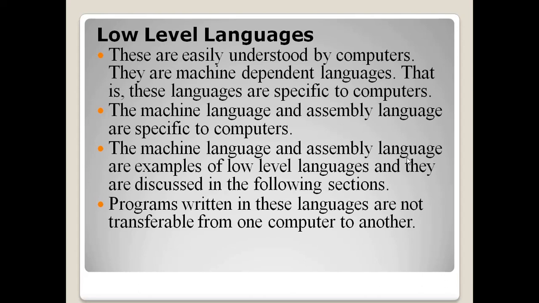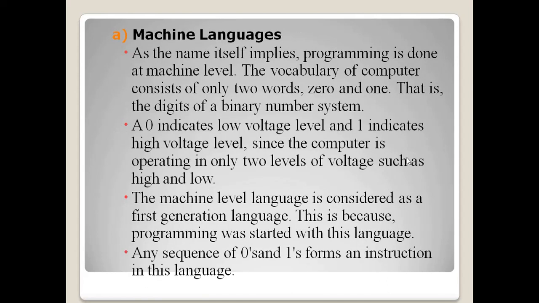Next we discuss what is machine language and what is assembly language. Programs written in these languages are not transferable from one computer to another computer. That is the meaning of machine dependent.